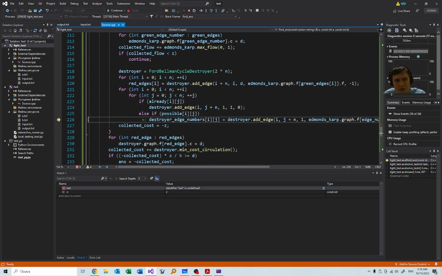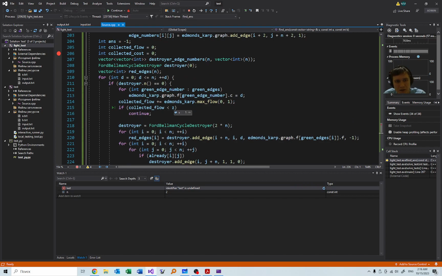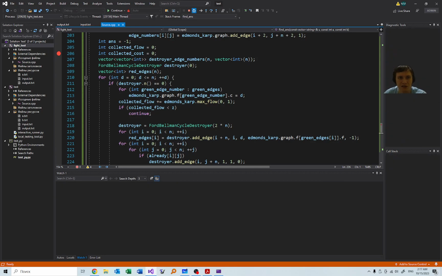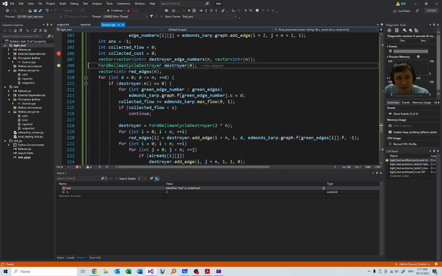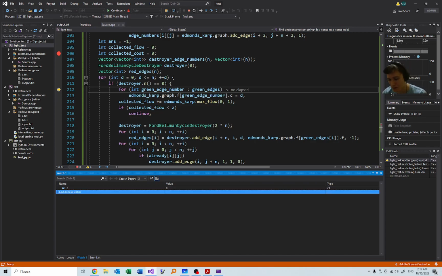What? Collected flow? Why is collected flow greater than 1? It is incorrect. Collected flow couldn't be 1 because we do not have a path from S to T. Let's see if it found it. So it actually found it. So D is 0. Get it right, yeah?